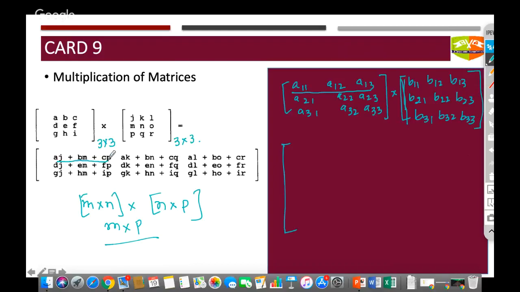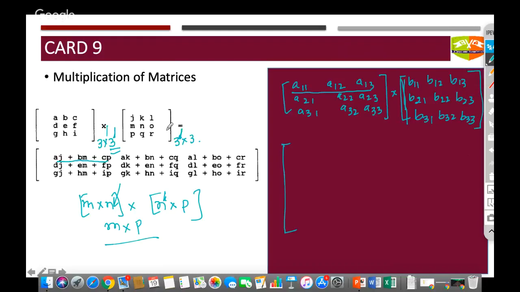So the first thing you need to understand is that the number of columns here and the number of rows here has to be the same. If it is not the same, then what happens? That I'll discuss later.